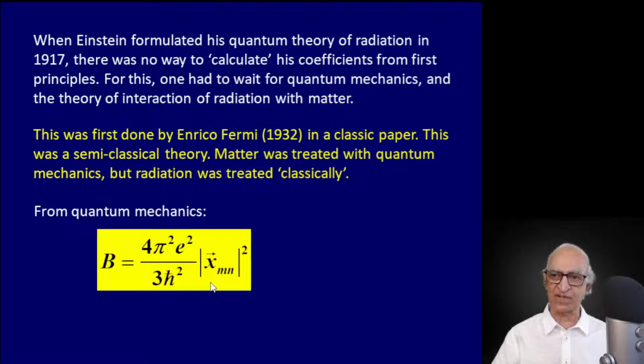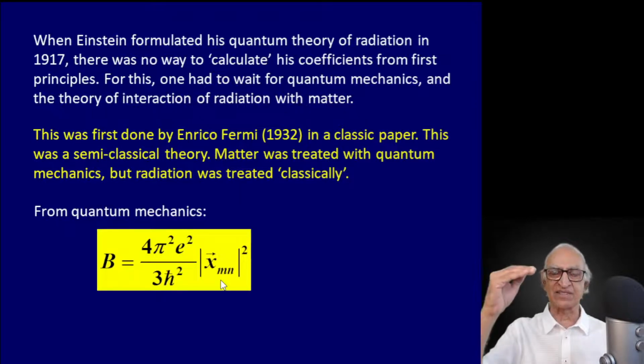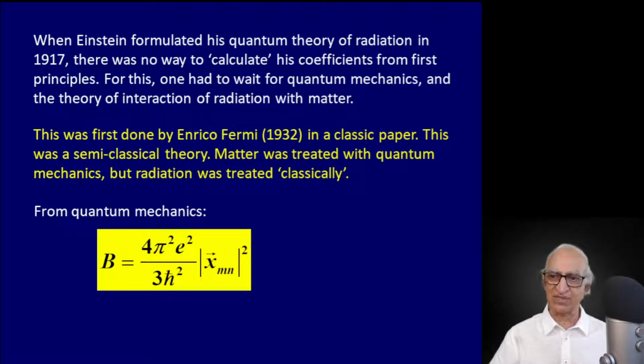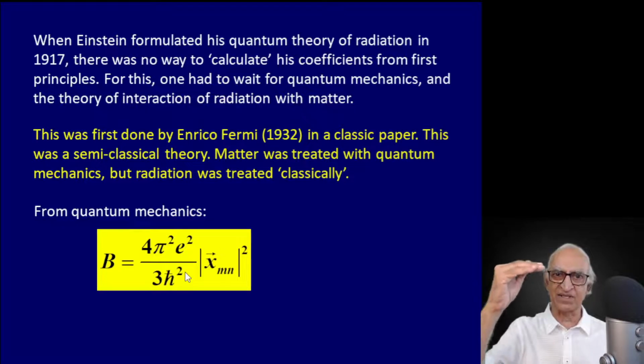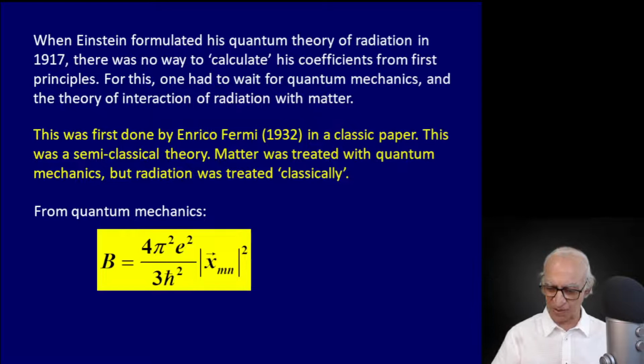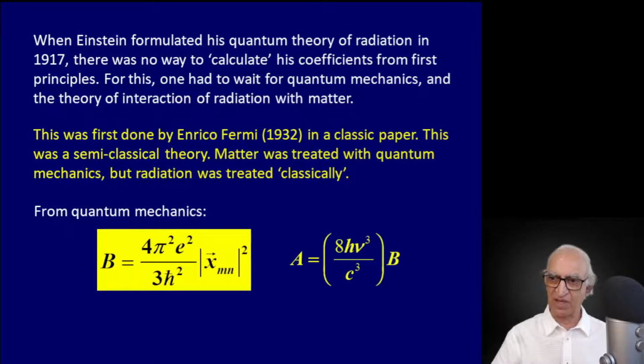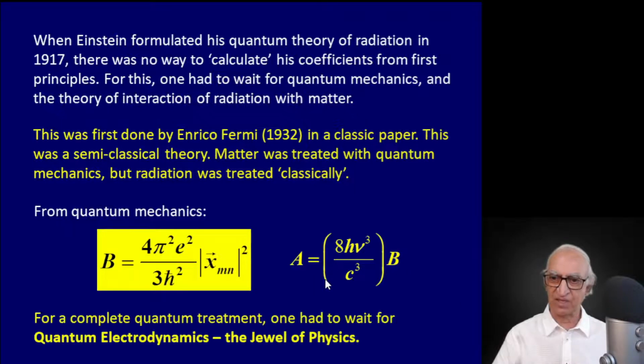When you learn quantum mechanics, you will recognize this object x_mn. It is the matrix element of the dipole moment, e times x. My cursor always disappears. E times x is the dipole moment. So it is the matrix element of the dipole moment between level 2 and level 1, or level m and level n. And of course, A and B are related, just as Einstein said they ought to be related.